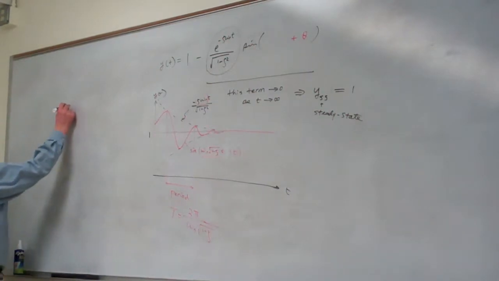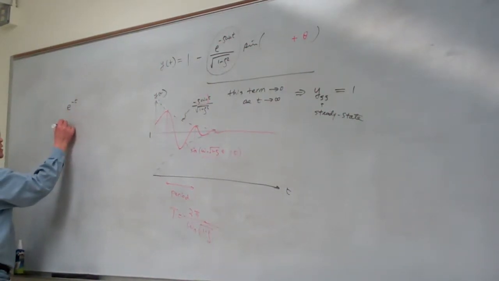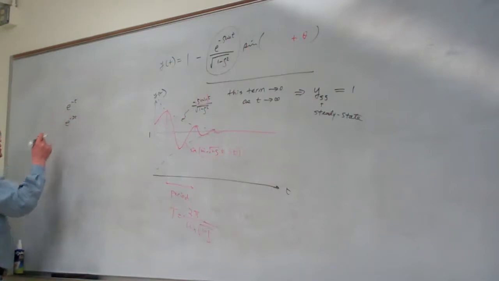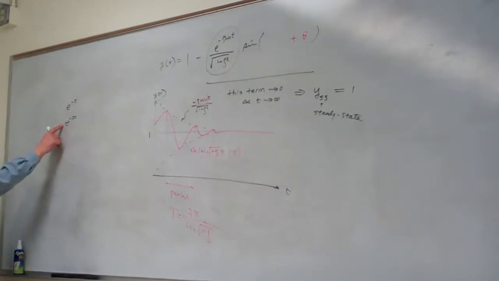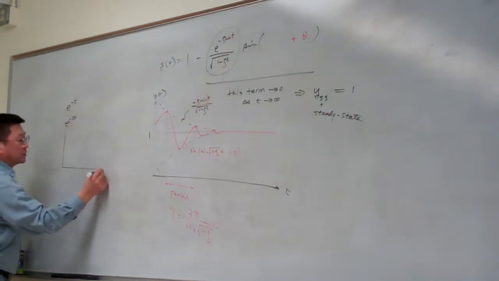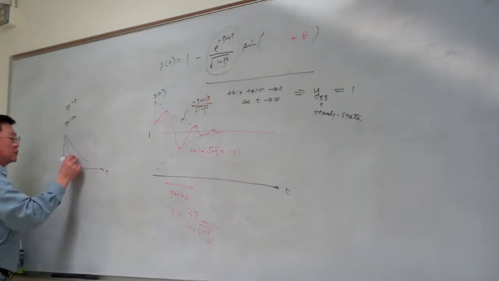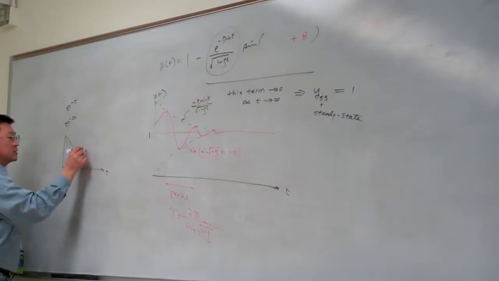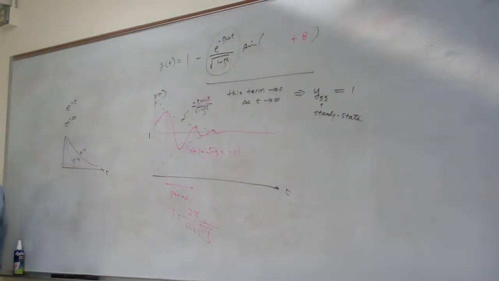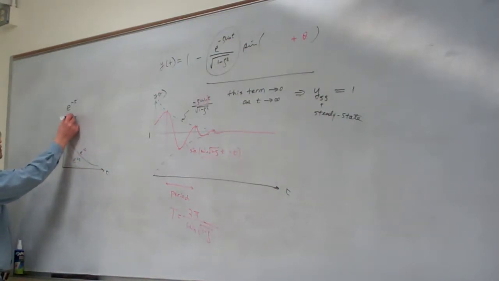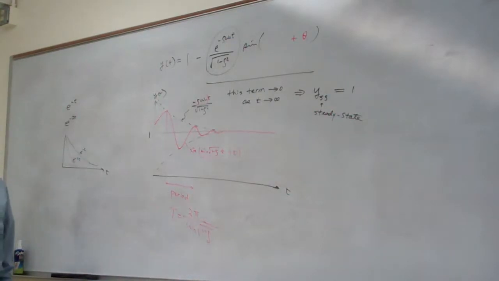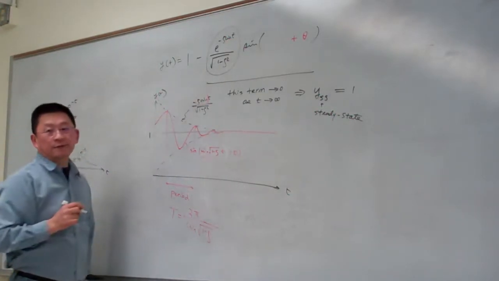For example, here we can see e to the minus t and e to the minus 2t. Which one decays faster? This one. If you plot it, you can see this is e to the minus 2t and this is e to the minus t. So the coefficient of this term governs how fast it is decaying.